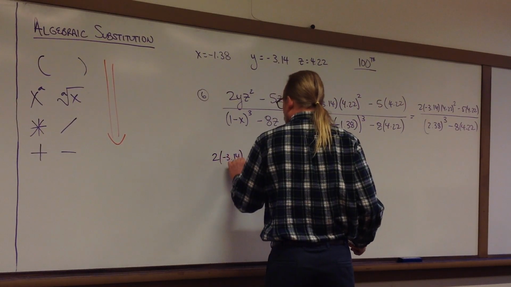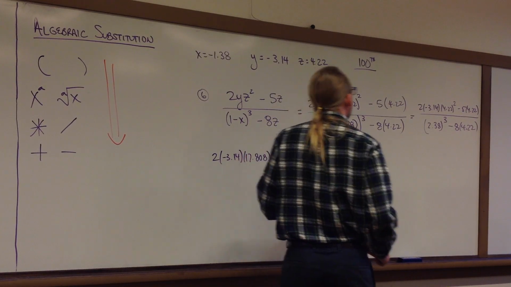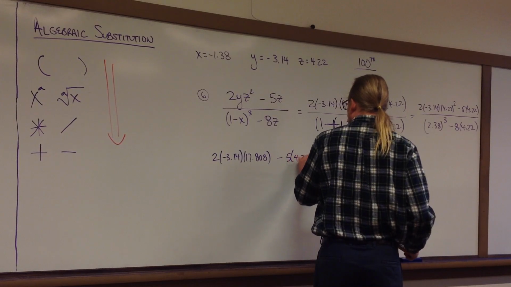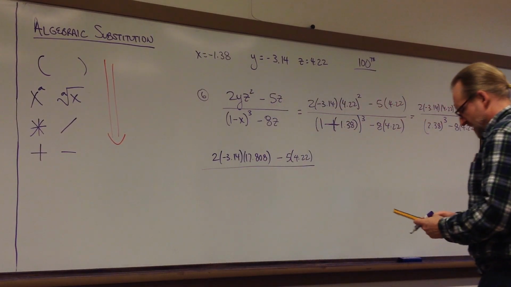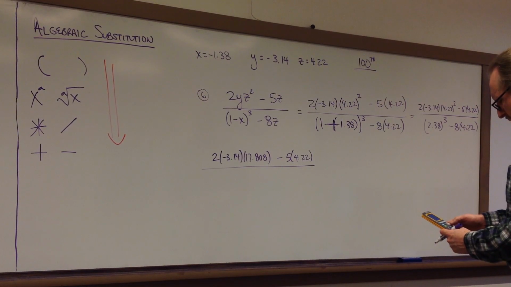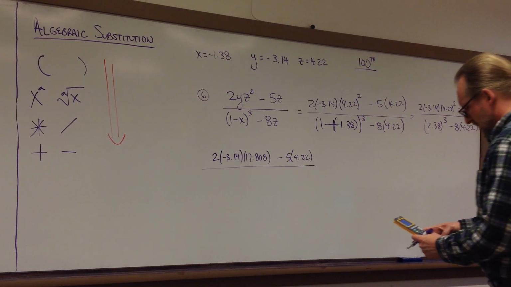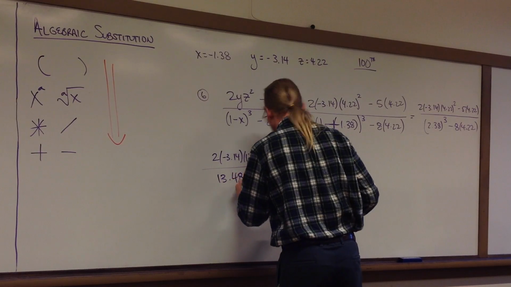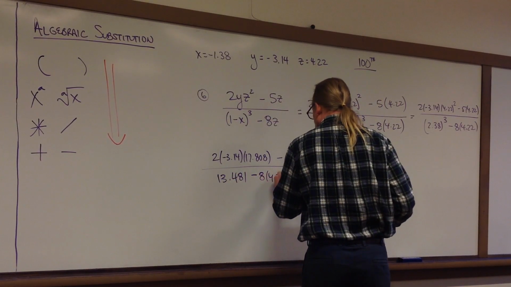Negative 3.14, and then 17.808, and then 5, 4.22, and on the bottom 2.38 cubed, 13.481, and then minus 8 times 4.22.